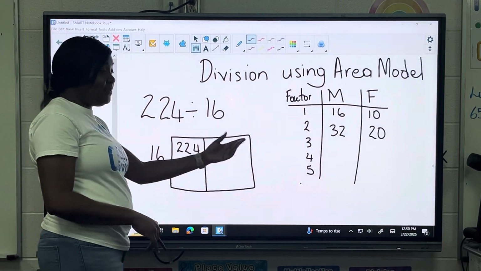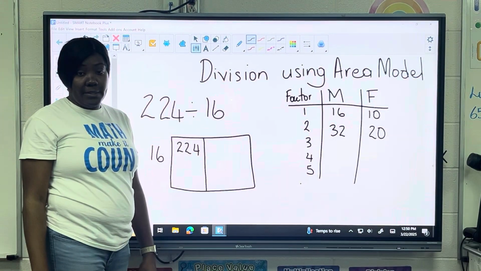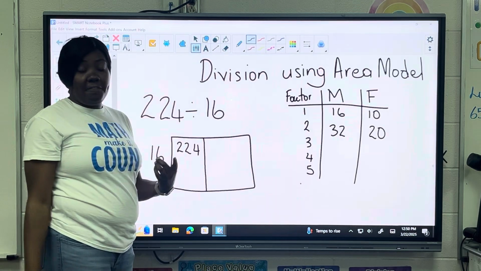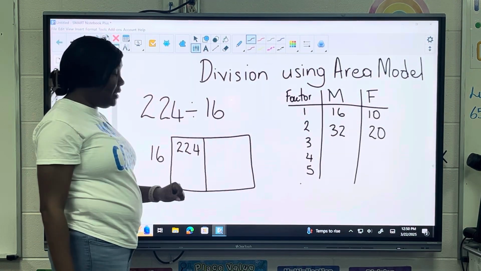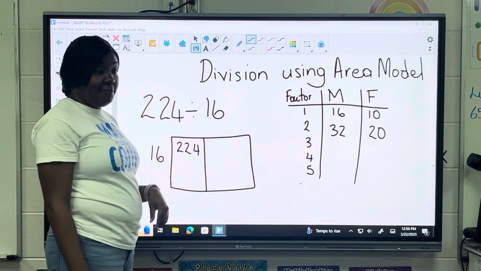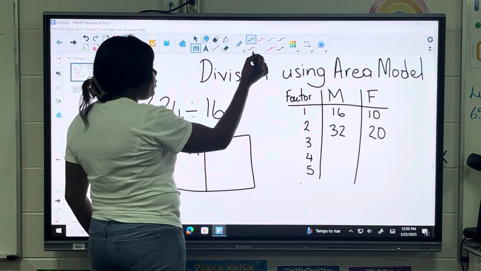Now, I go to my table and I check for friendly numbers. Whatever friendly number or factor I choose, it must be less than 224. So boys and girls, I'm going to choose 10.